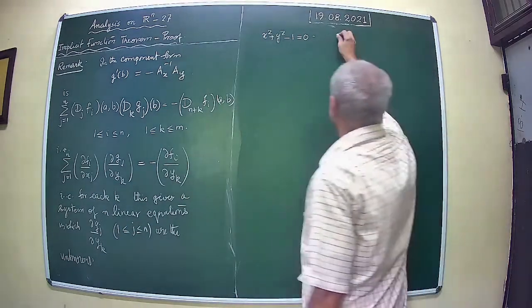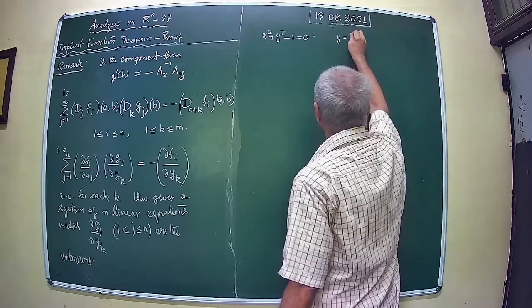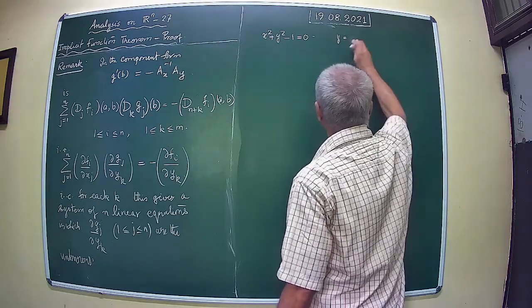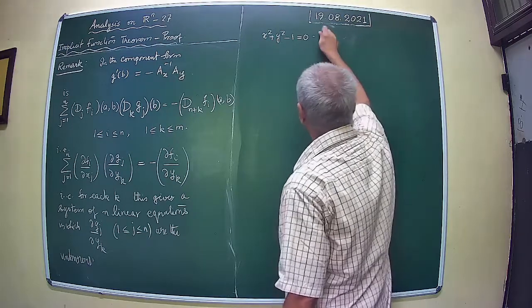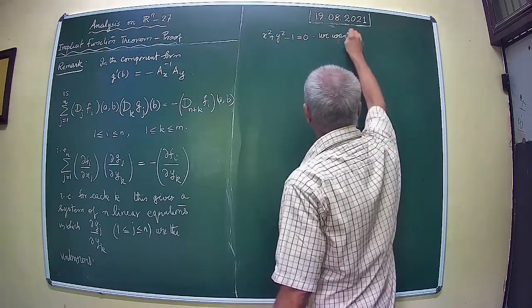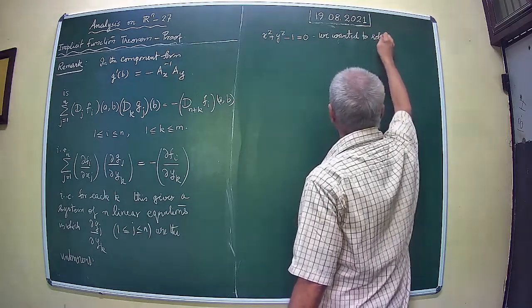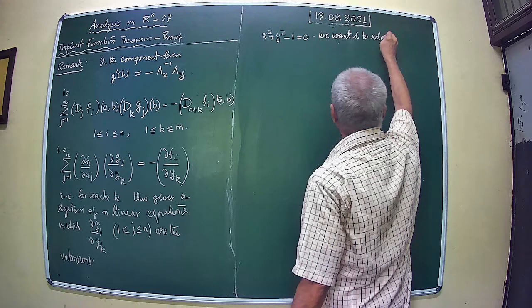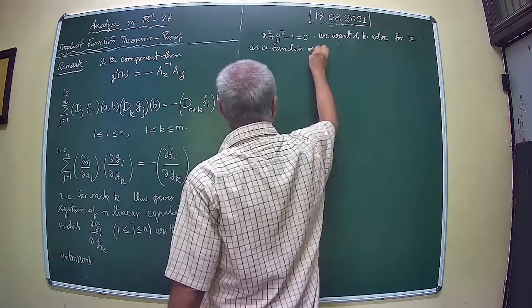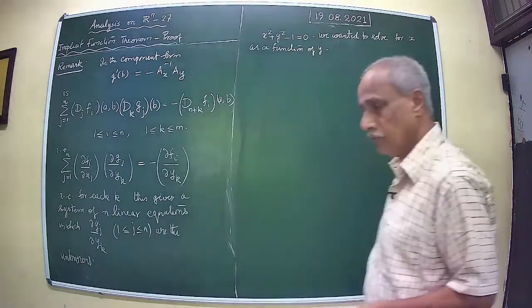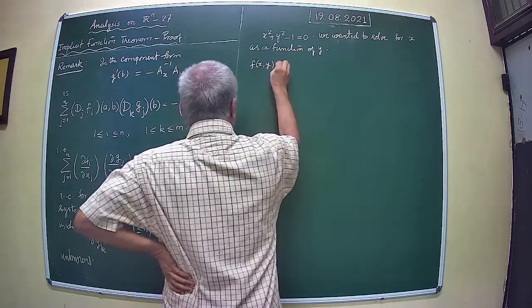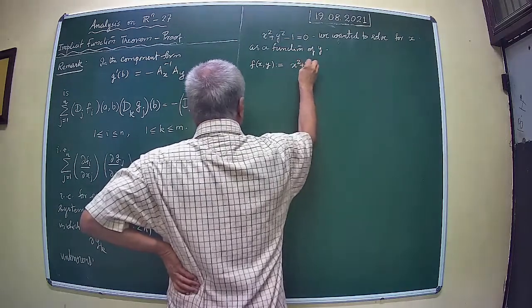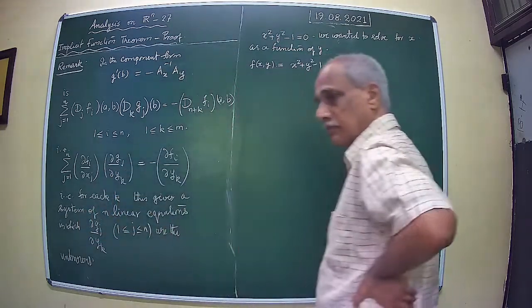And we wanted to write y as a function of, and if you have proceeded through the problem, we write this as -1. That's it.